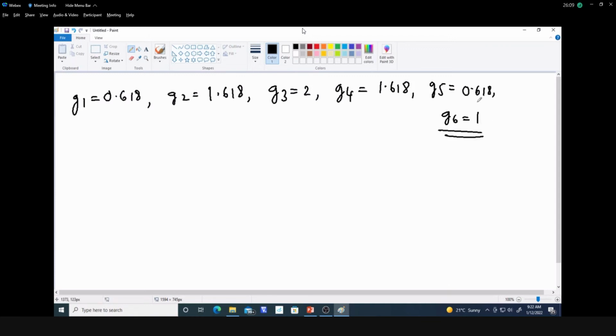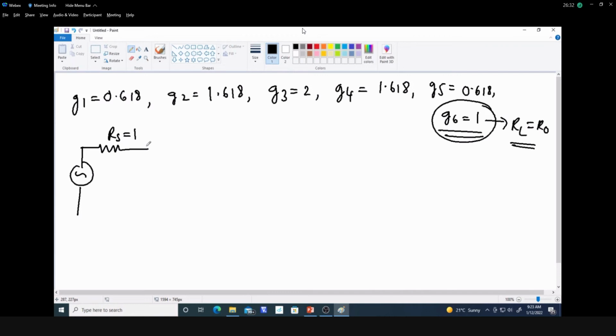This value is always with respect to the load, which is nothing but R0, because if I multiply the scaling with R0, you get RL equal to R0, which is 50. So that gives G6. Now all other element values are in between. We have the source impedance RS, which is equal to the normalized value 1.